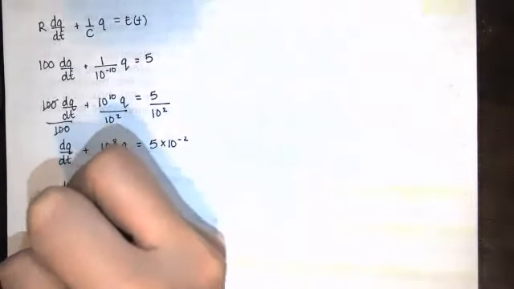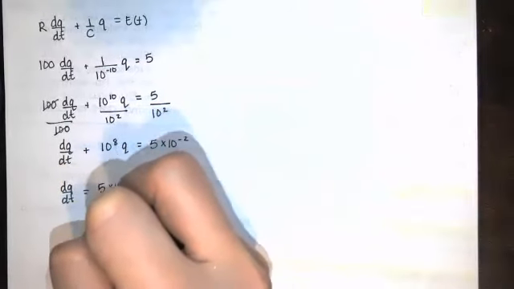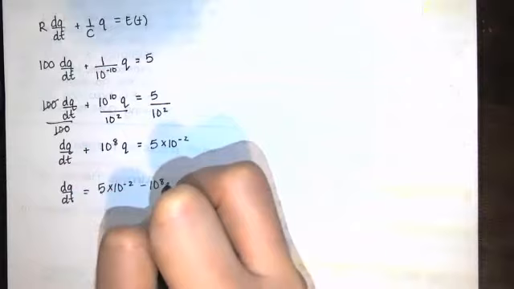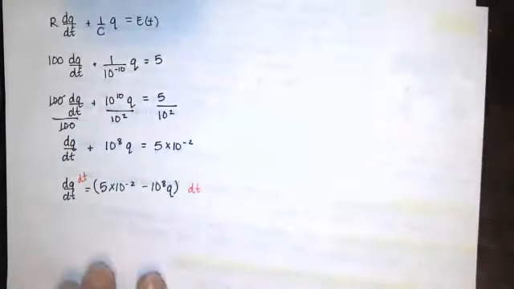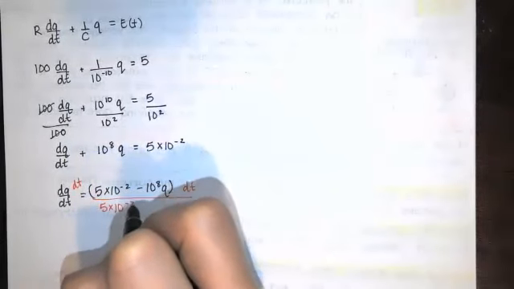So we can subtract this from both sides. And then multiply both sides by dt and divide both sides by this function of q.